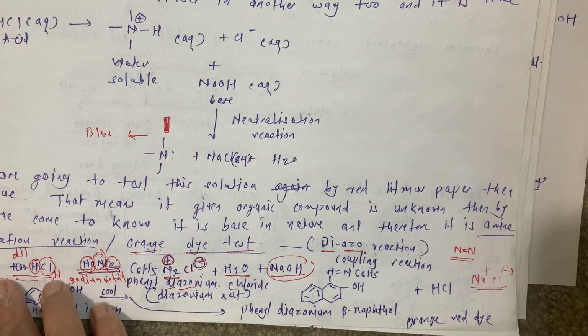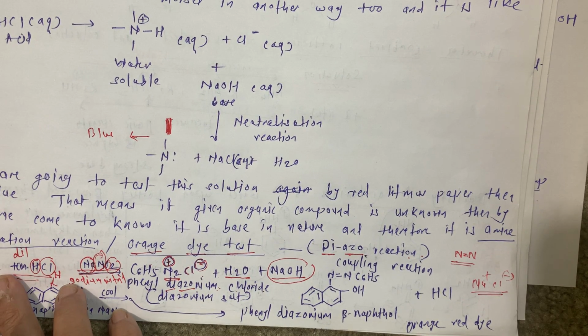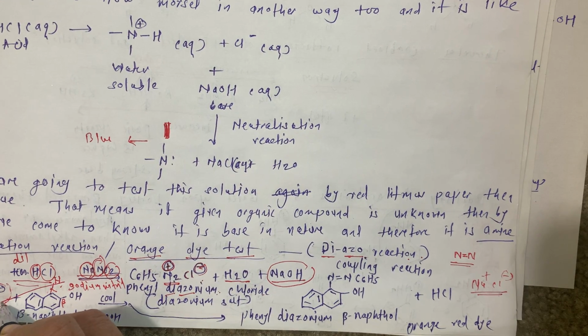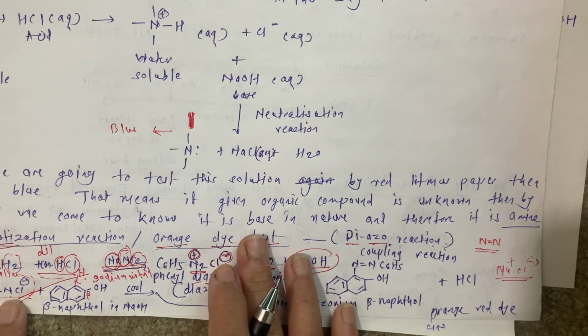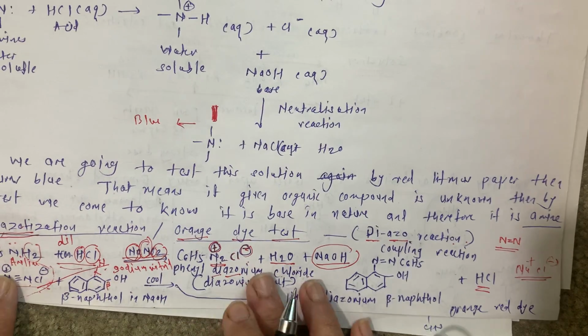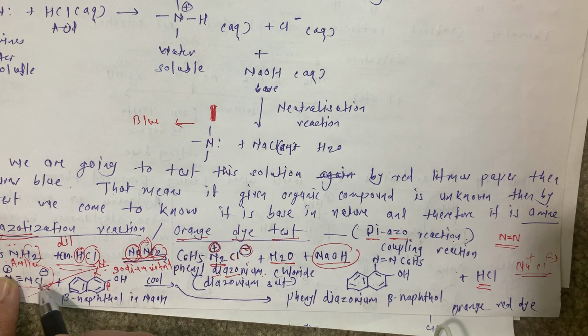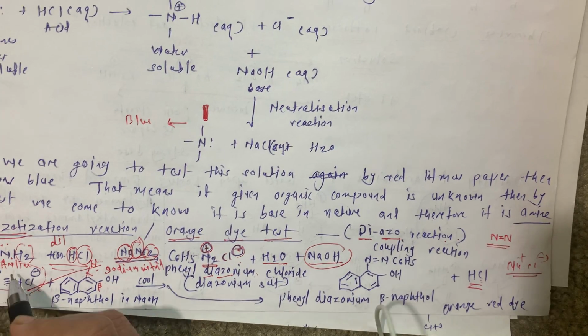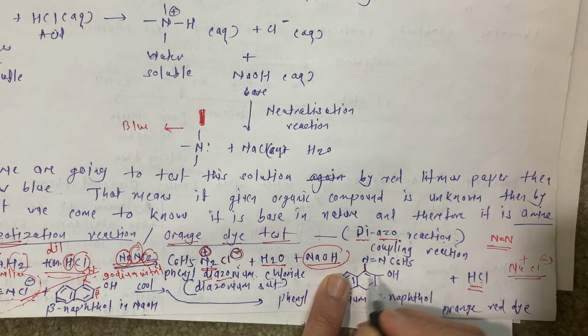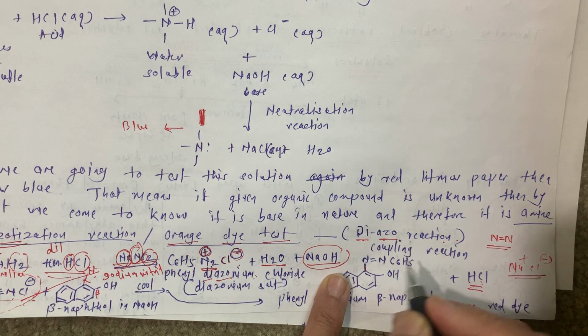This Cl minus is going to separate out, and this H and this Cl minus are going to form HCl. And the phenyl diazonium is going to be substituted at this position.